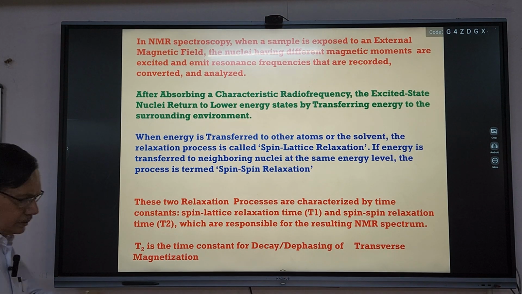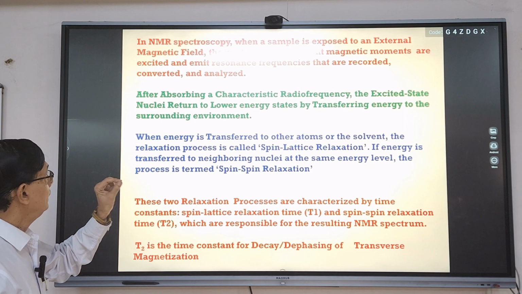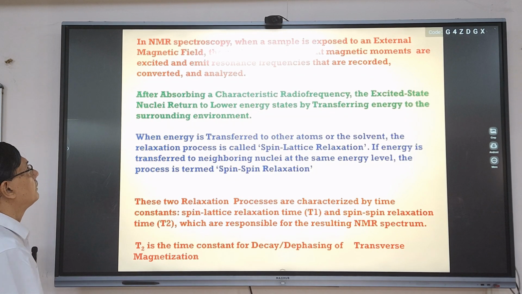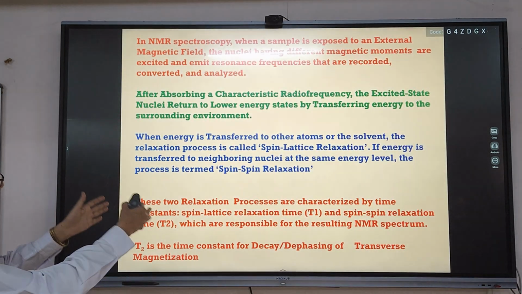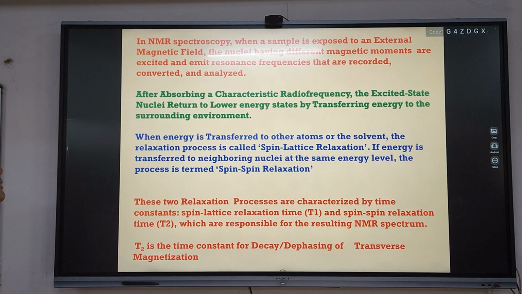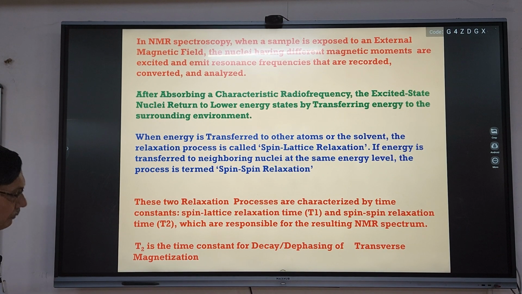Now, a very simple thing: in NMR spectroscopy, when a sample is exposed to an external magnetic field, the nuclei, depending upon their types, definitely have different magnetic moments.